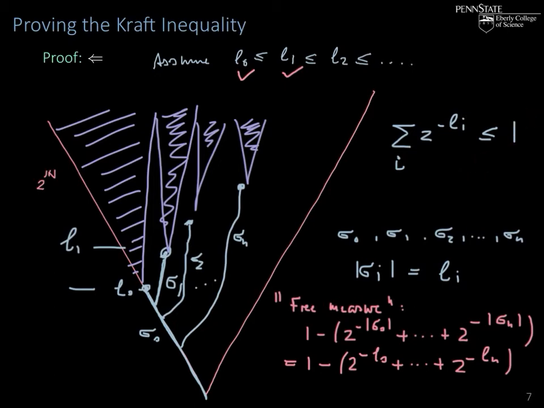So in particular, this means that this here is greater than or equal to 2 to the minus L n plus 1. So we do have enough measure to accommodate a string of length L n plus 1, right? And since we've chosen our previous strings always adjacent, we know that at level L n plus 1, there must be one free string.